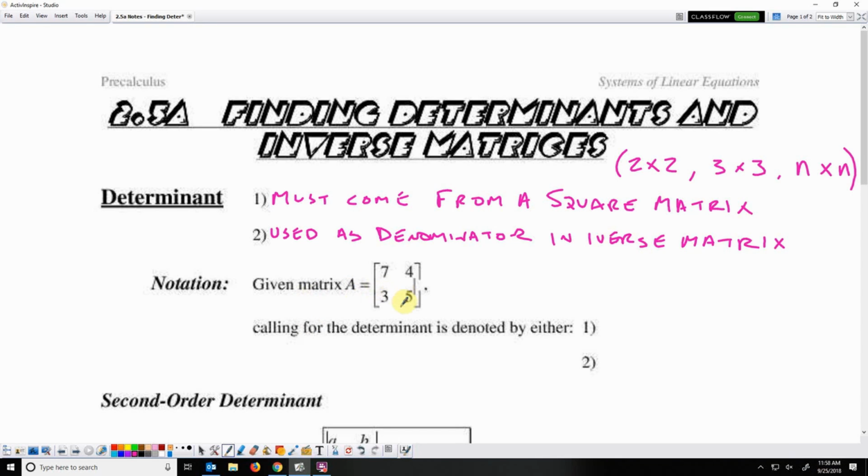So given matrix A, there are two ways we can be asked for the determinant. One, it can look like this: determinant and then the matrix. So this is asking us to find the determinant. Another way you can be asked for a determinant looks like this.